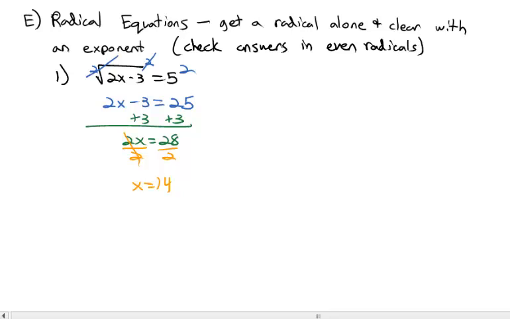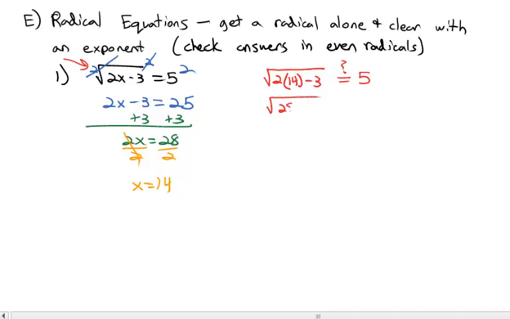Or so we think. Because the index was even, we need to check the answer to make sure it's correct. So going back to the original problem, before we did any squaring, that would be 2x, which we claim was 14, minus 3. We hope the answer's 5.